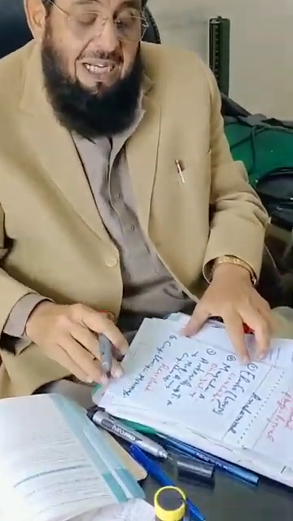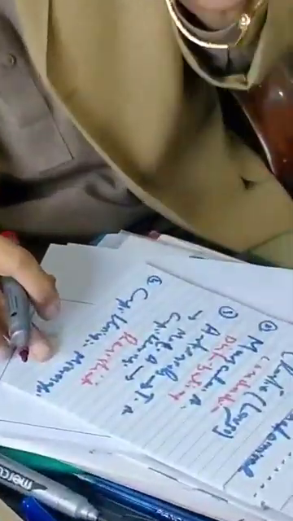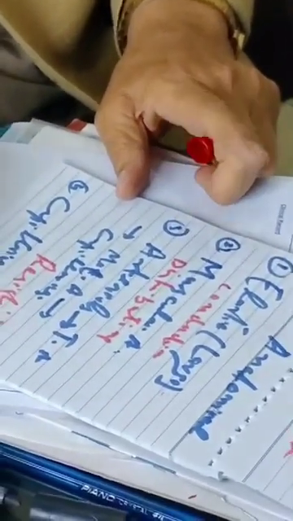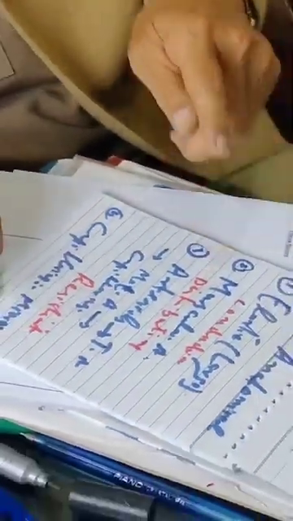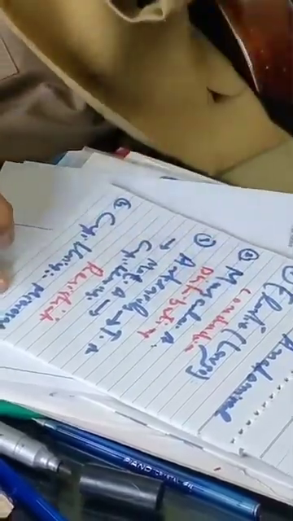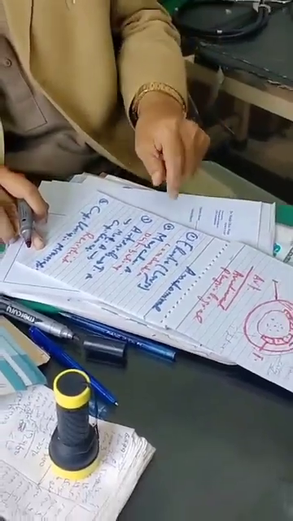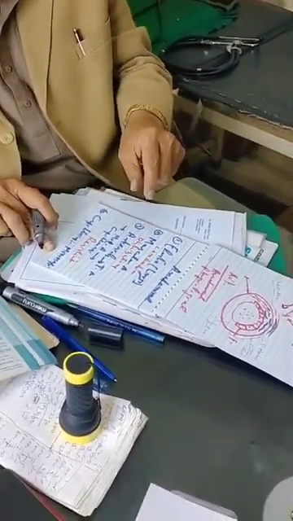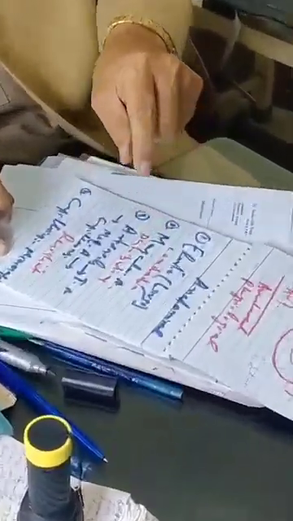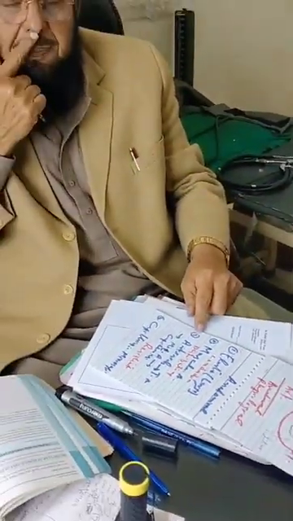Okay, the second type is called as muscular arteries, and the muscular arteries are those arteries in which the muscle tissue is more in the tunica media as compared to the elastic tissue, and these are the medium size and small size, for example these ulnar and radial arteries.